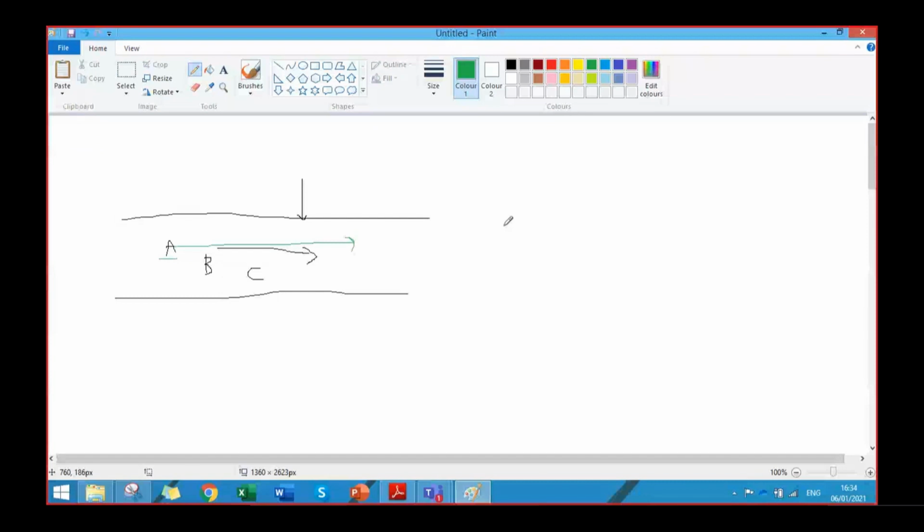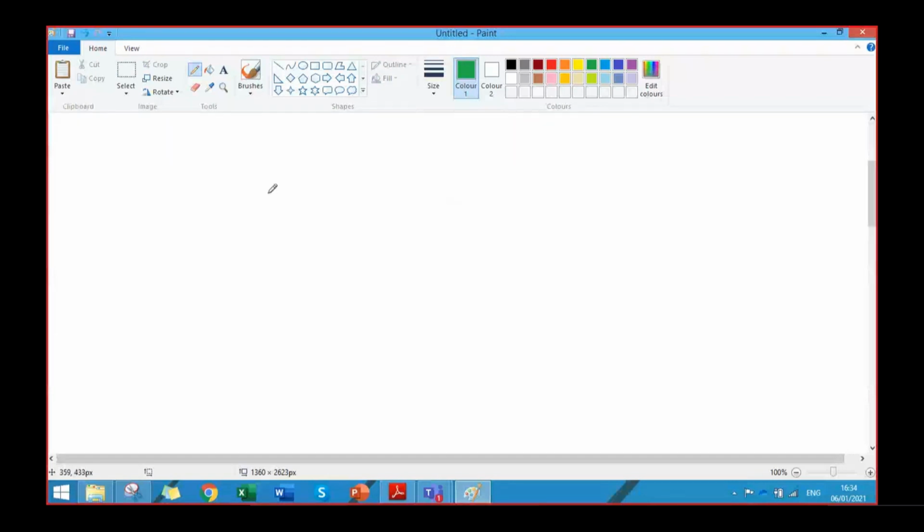We know that in the Euler description, the velocity field is the most important field, right? And we know that the velocity vector is defined as V equals u i plus small v j plus w k. Capital V is the velocity field, and u, v, w are its components along x, y, z direction.